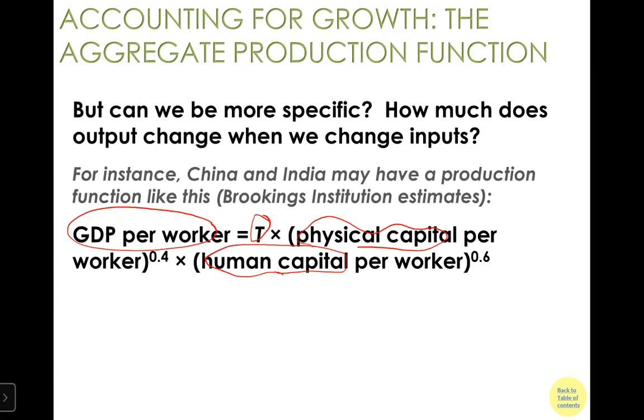And here we have a power term. In a more advanced class, you will learn that these numbers reflect the contribution of each factor to GDP per worker, or labor productivity. In other words, this 0.4 tells us that 40% of growth will be coming from physical capital, right?